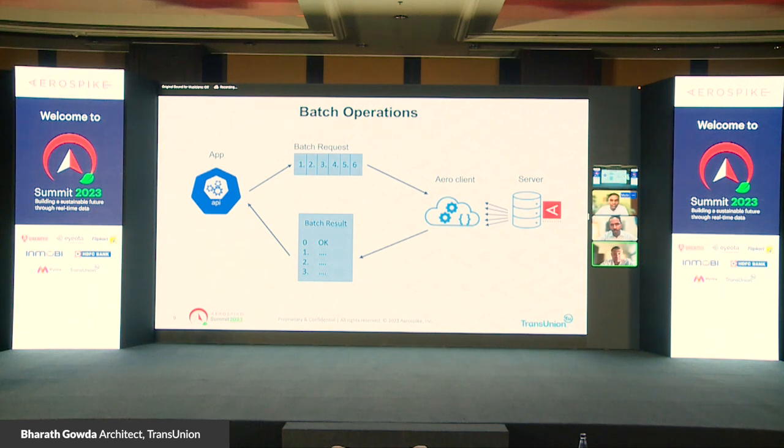If the operation failed because the root record is already split, then we again use batch operations to evaluate which child record we have to update the data in. And once we get to know the index of the child, we use the batch operation to write to the right child record. So it is just to scale our application to write the huge data which is incoming for us.